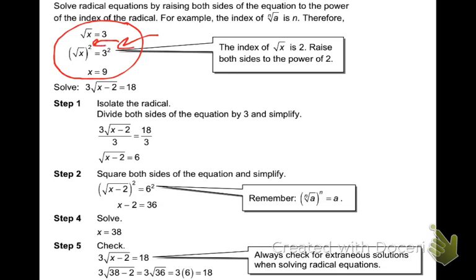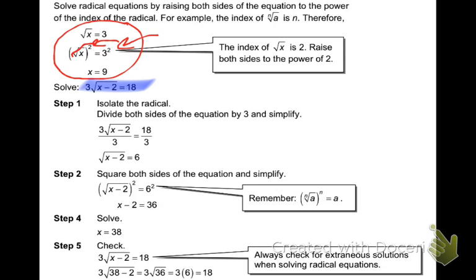Square both sides. When I square a square root, that cancels it out, leaving me with x equals 9, because 3 squared is 9. So what we're working on today is basically getting rid of the square roots in order to solve for x.